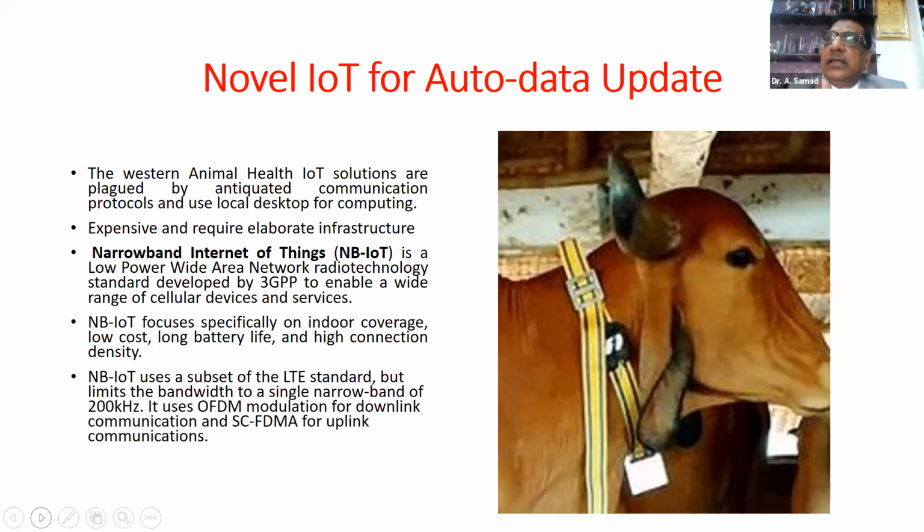Here the entire animal health data, for example the activity, how many times rumination, how many times it has eaten, how many times it was resting or lying, will come directly onto the server system. The server will recognize which is normal data to be eliminated and which is abnormal data to be kept, analyzed and compared with other parameters, and then send to the clinician or experimenter if there is any abnormality, so that he can come and look at it.